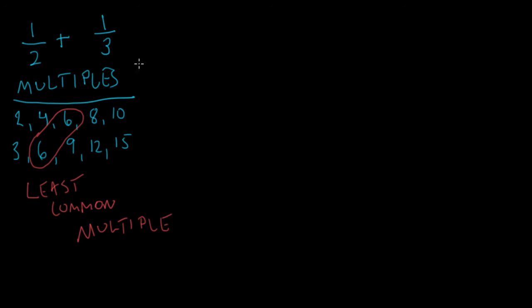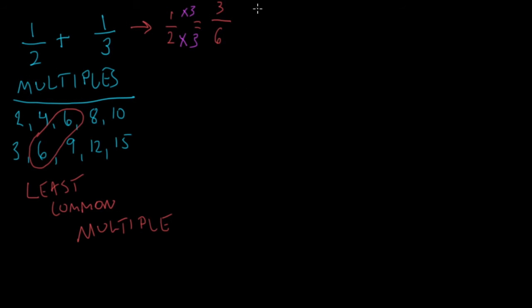So this means we need to change both of these fractions. We'll start with 1/2. What would 1/2 equal with a denominator of 6? Whatever we do to the bottom, we need to do to the top. We multiply the bottom by 3, so 2 times 3 is 6, and 1 times 3 is 3. So our new fraction is 3 out of 6.